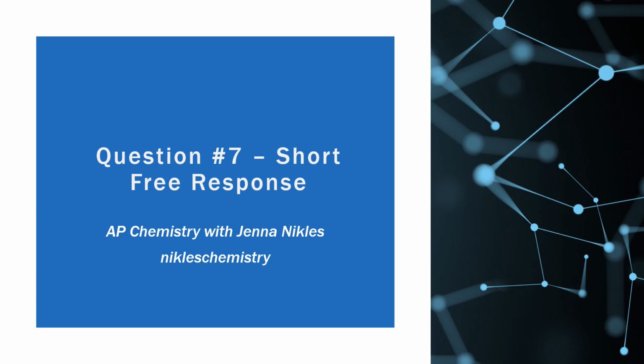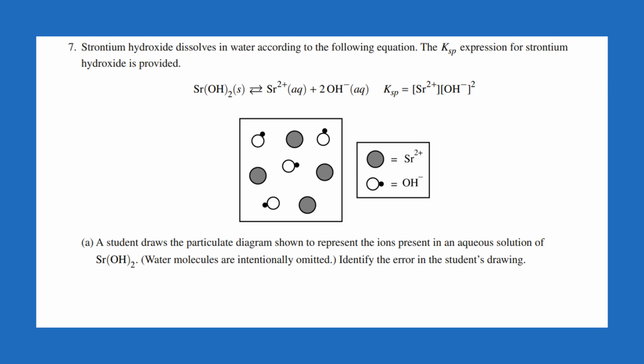And question 7 is the last of the short free response questions and the last of all of the questions on the AP exam. Now for this one, they give us the solubility equation and the KSP expression, which is very nice. But then they give you this drawing, and notice how the hydroxides are all separated from the strontium ions.